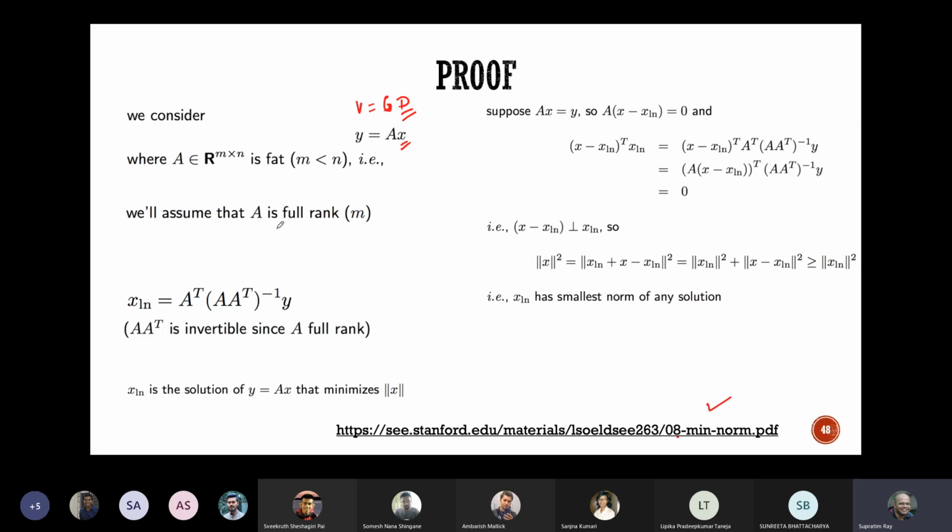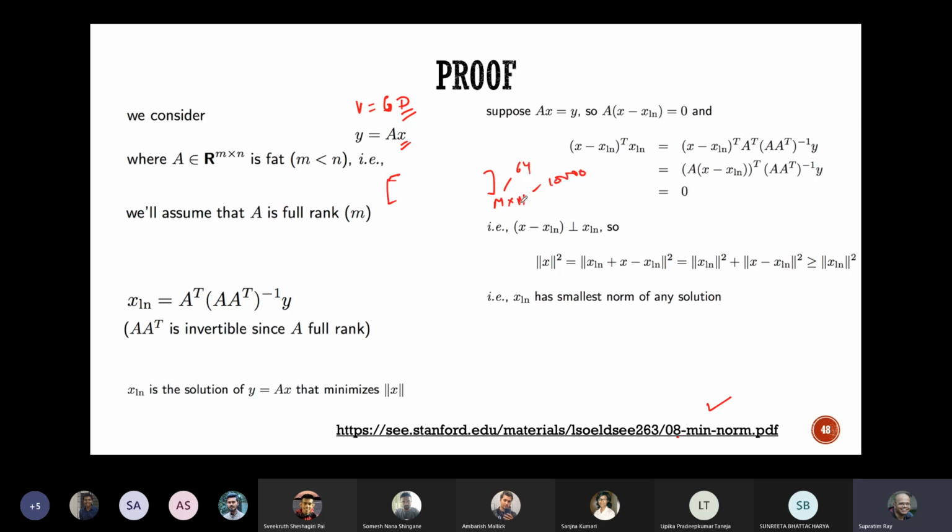So I make another assumption, which is that A has full rank. Remember, A is a fat matrix, right? So it's an M cross N matrix. M here is 64 and N is the number of dipoles, 10,000, which is what we were doing.